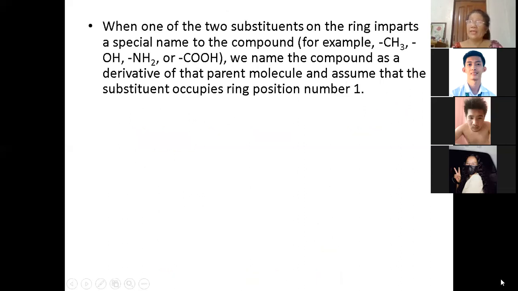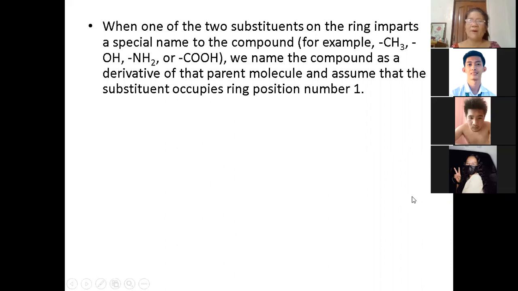So in case, as I have said a while ago, there are 2 or more substituents in the ring, what will happen? First, you should know the parent name. Then arrange it in a way that the counting is nearest to the parent.